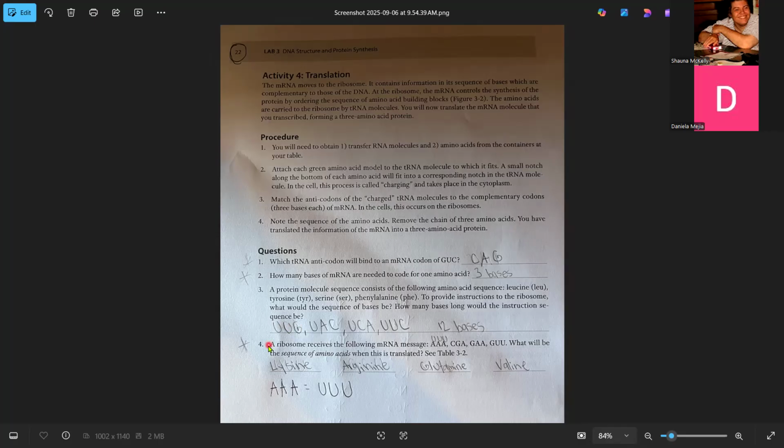A ribosome receives the following RNA message. What will be the sequence of amino acids when translated?